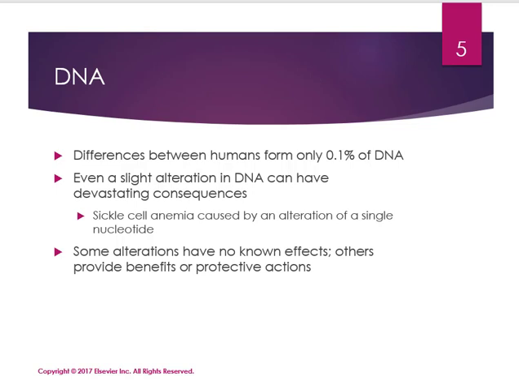And those differences arise from only 0.1% of the DNA, so even the slightest alteration in the DNA can have some significant consequences, such as sickle cell anemia that's caused by an alteration of just a single nucleotide.